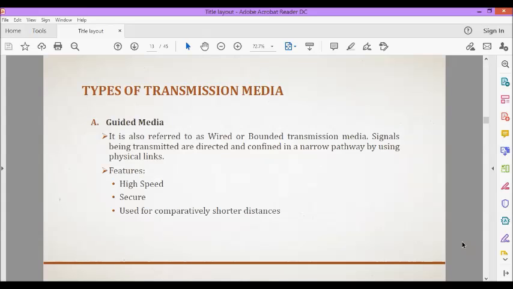Various features of the guided media are the following: high speed, secure, and used for comparatively shorter distances. Guided media are the physical links through which signals are confined to a narrow path. Bounded media are made up of an external conductor bounded by a jacket material. Bounded media are great for labs because they offer high speed, good security, and low cost.